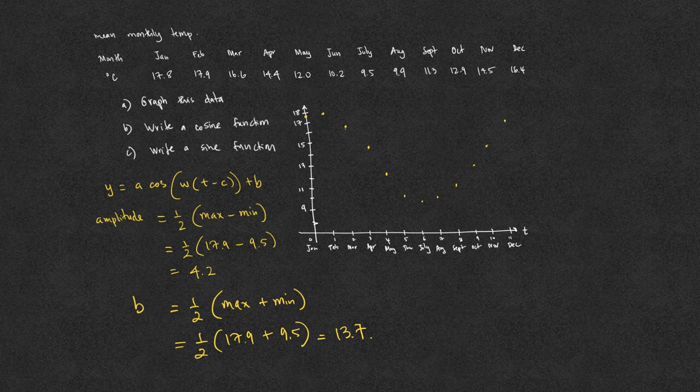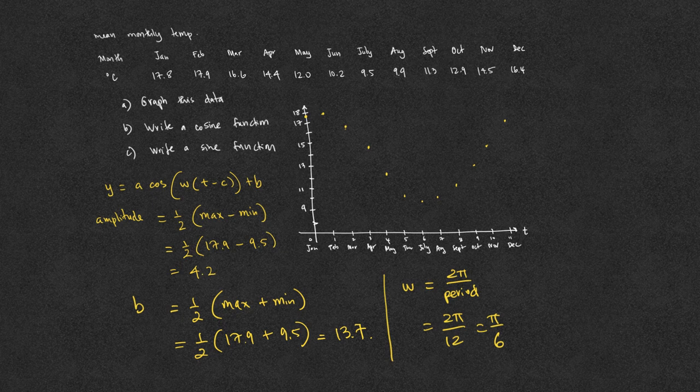We always save C, the horizontal shift, for last. Omega is always 2 pi over the period, and this period is 12 months, so it is simply 2 pi over 12, or pi over 6. If it is pi over 6, leave it as pi over 6.